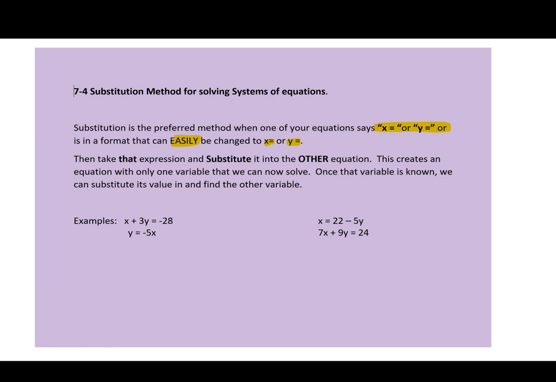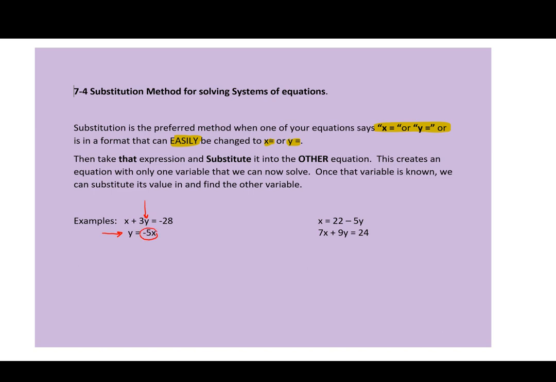So, looking at our first example, we have a y equals. You can see that it says y is equal to negative 5x. So what we're going to do is a substitution. In the first equation, there is your y, so we're going to substitute.